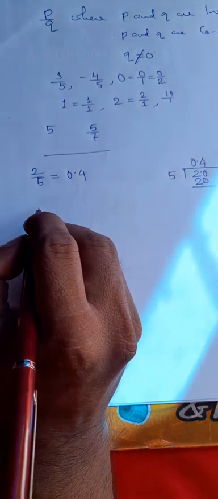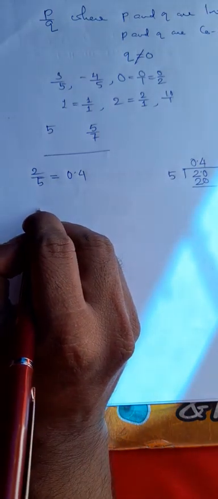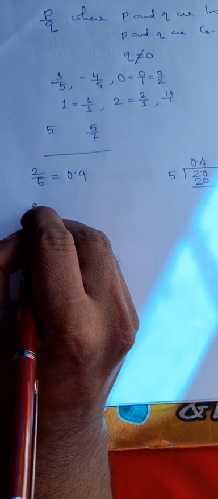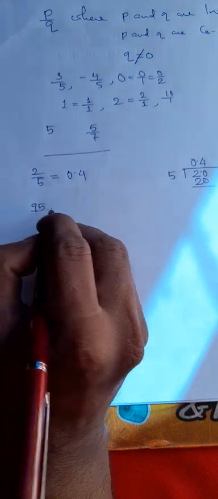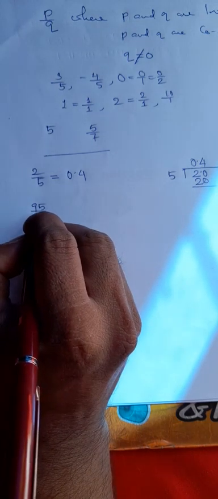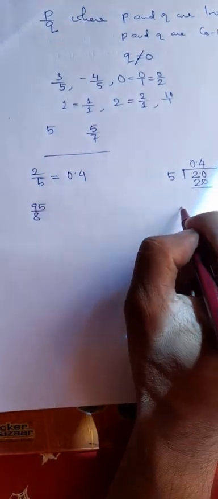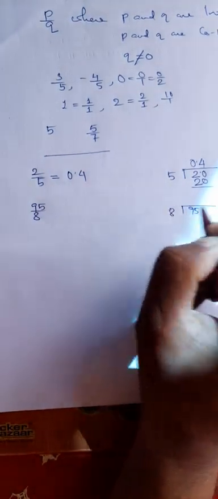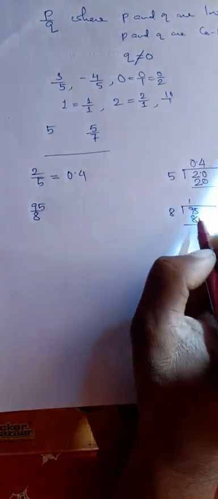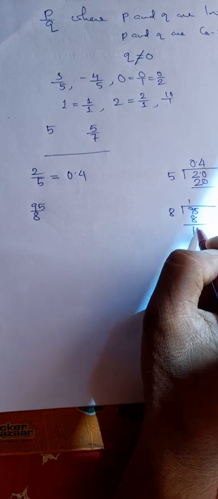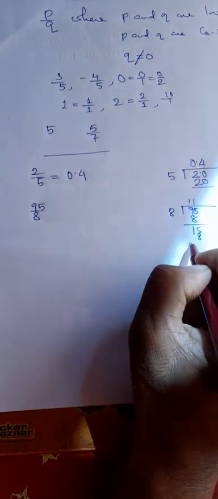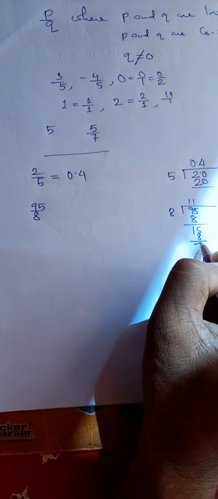Similarly, say for example, you divide 95 by 8. 8 1s are 8. 9 minus 8, 1, 15. 8 1s are 8. Remainder 7.